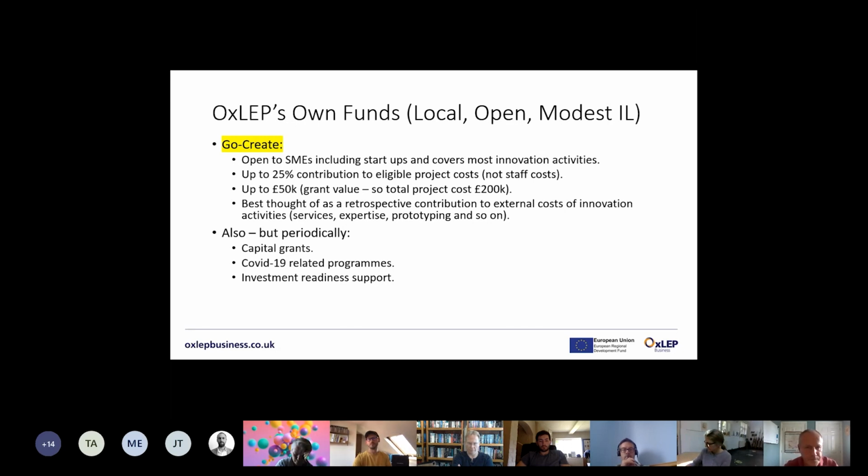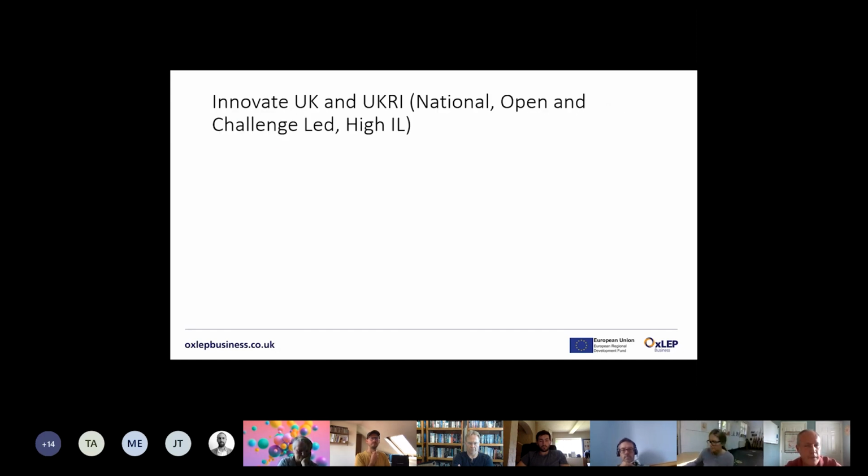Now I'll move on to one of the other main sources of funding for innovation in the UK, an organisation called Innovate UK, part of a family of organisations called UK Research and Innovation.